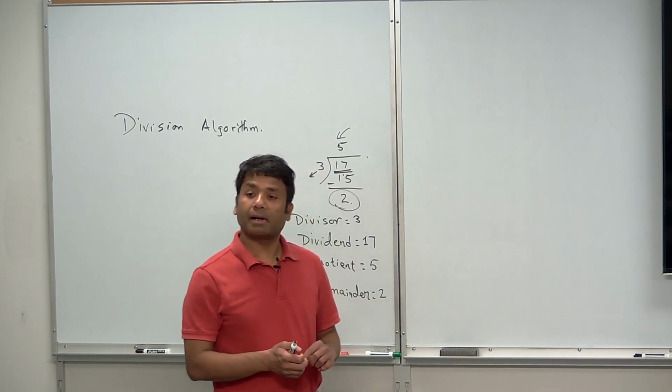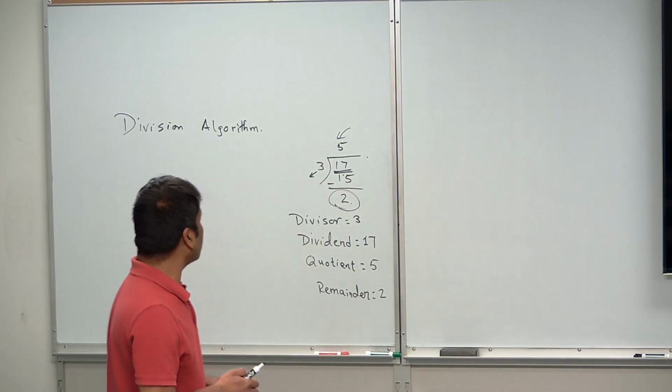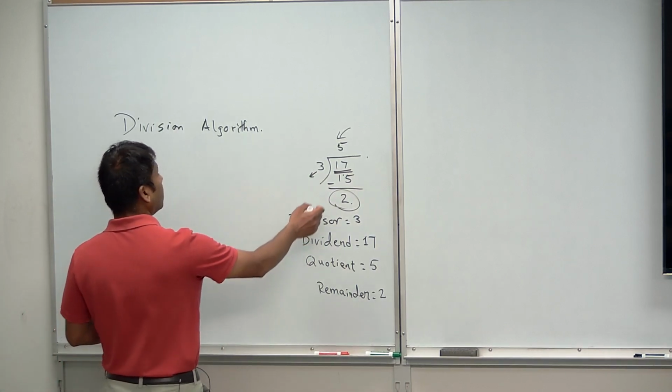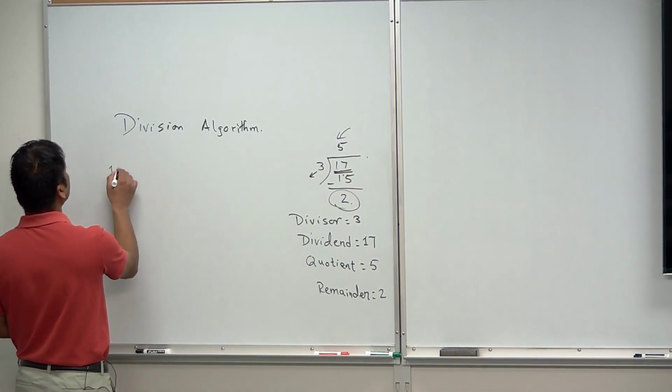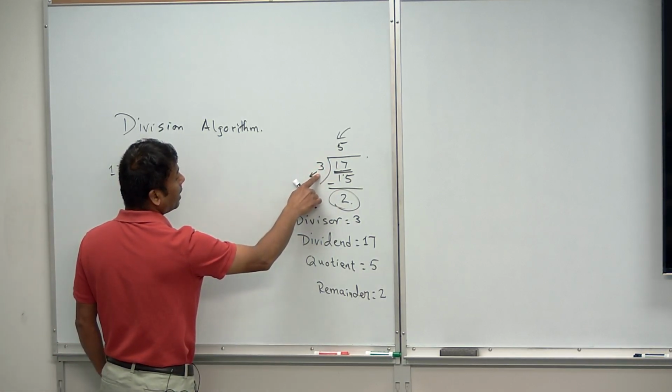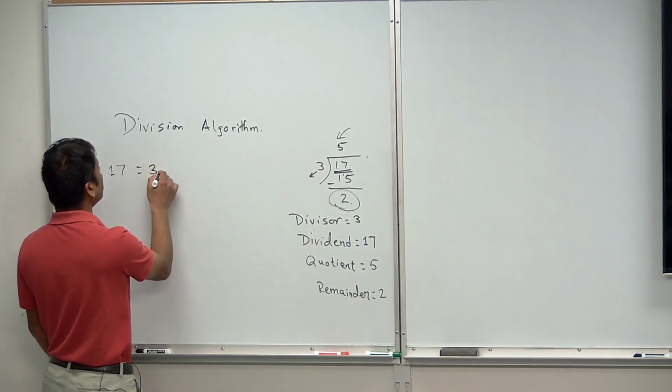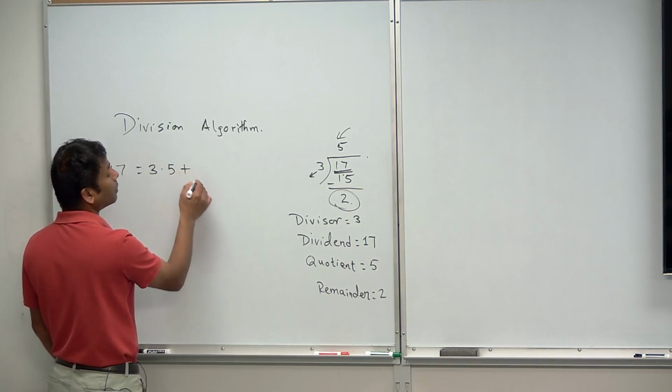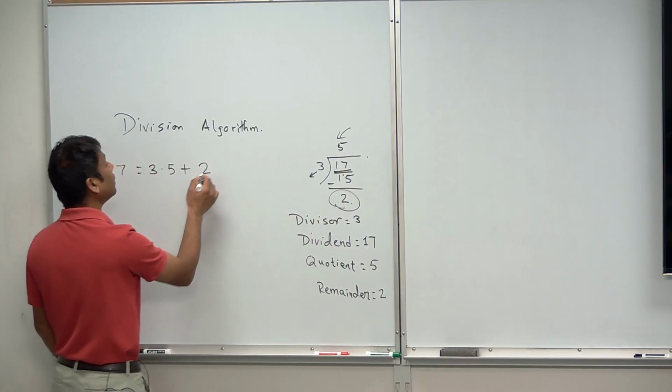Now if you look here, this dividend 17 equals 3 times 5 plus the remainder 2.